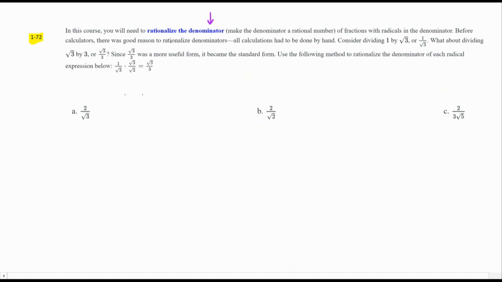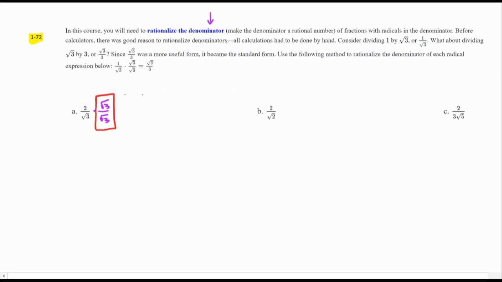So this, if you were to read it, I'm not going to do that. It kind of just walks you through an example. And so basically all it's talking about is multiplying the denominator by itself. And anything you need to do to the denominator to keep it the same, I need to also multiply by the numerator. This is one of those things where I talked about in class that this is a giant 1, right?